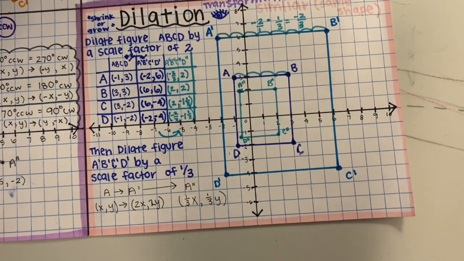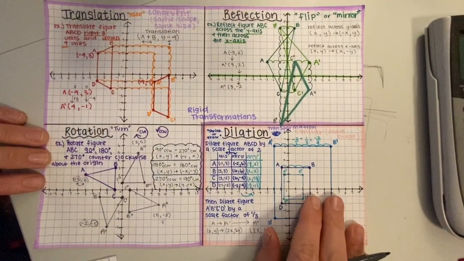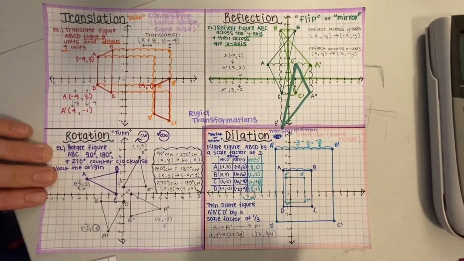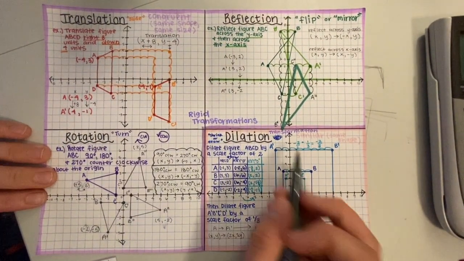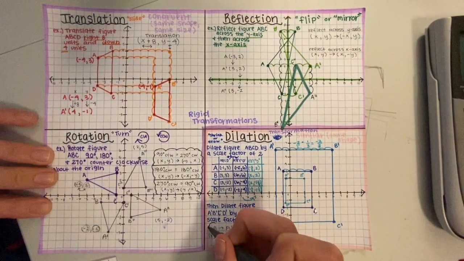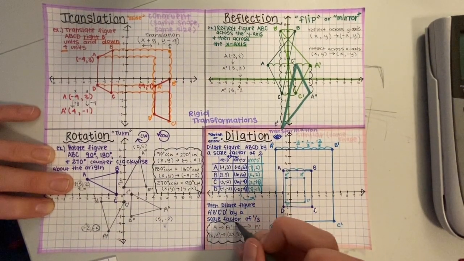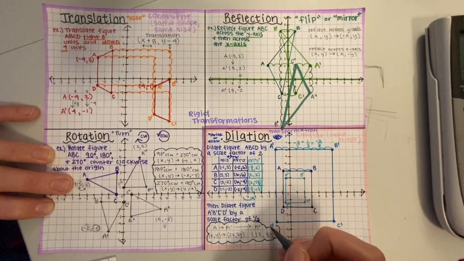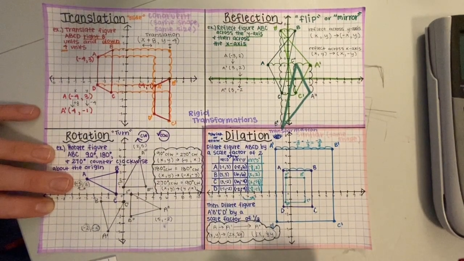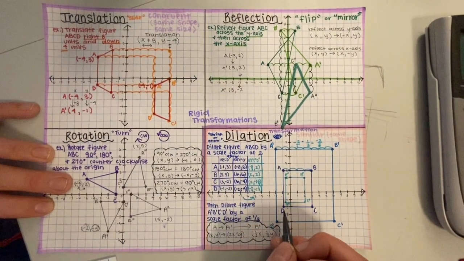So hopefully this helped a bit with our transformations, both rigid transformations and our one transformation that is not rigid. We have the way we look at everything algebraically. So when you're just looking at the coordinates, if you're multiplying, you know you're dilating.